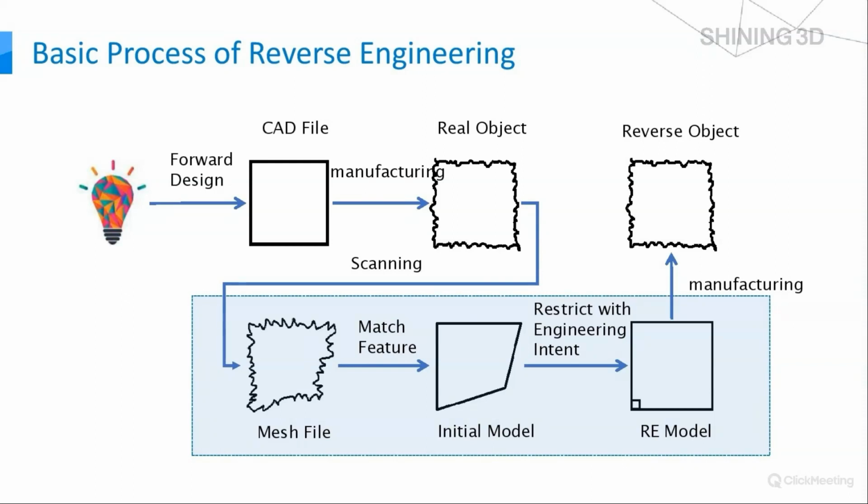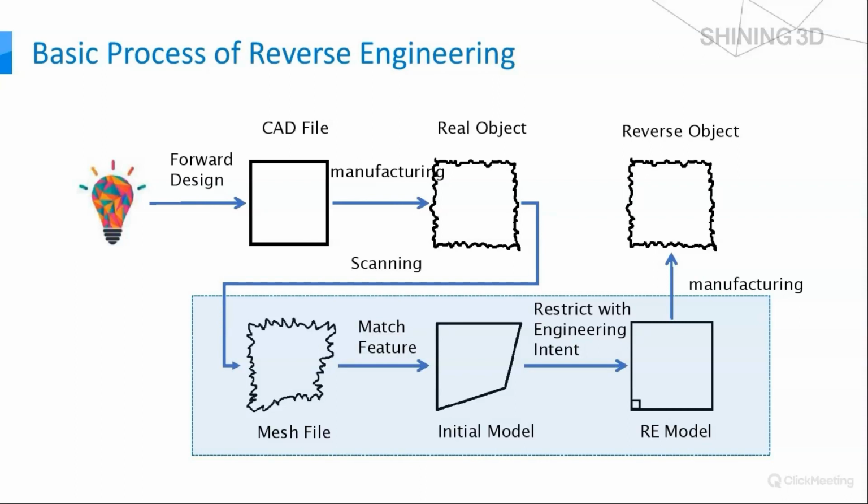Something in your mind. And what the engineers do is forward design, okay, to make a CAD file of the object. Then they do manufacturing to machine out the real object, or use any other way to construct it.